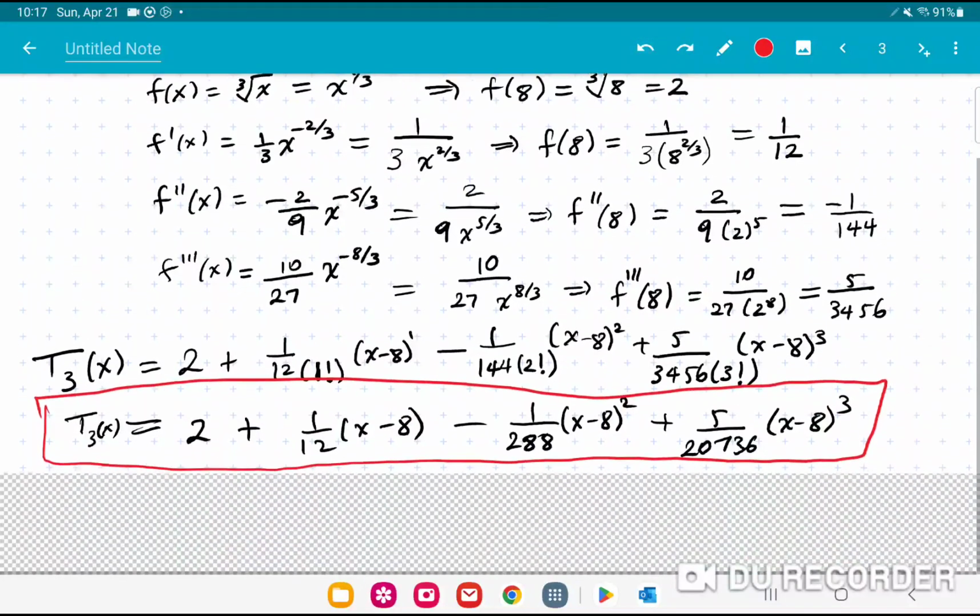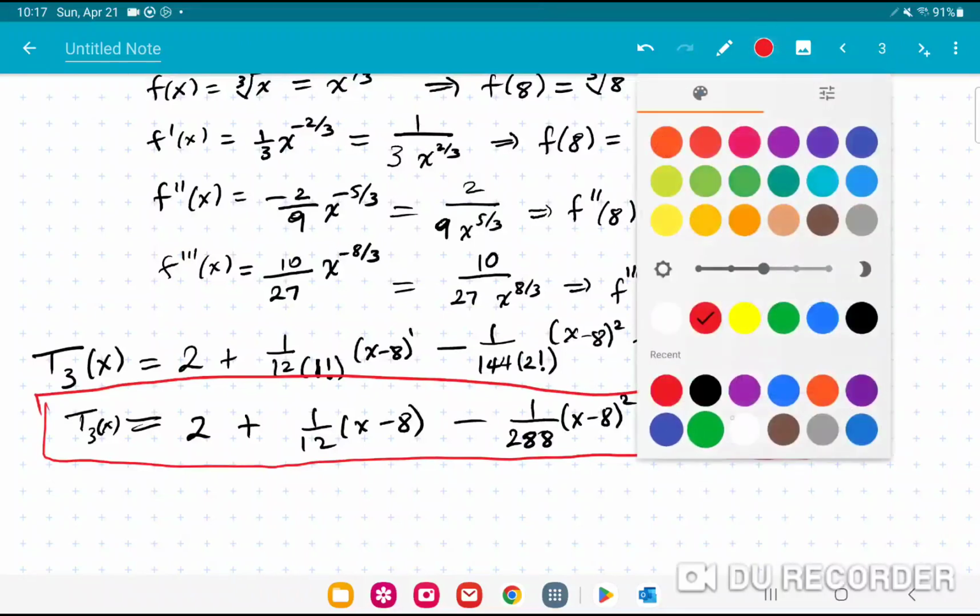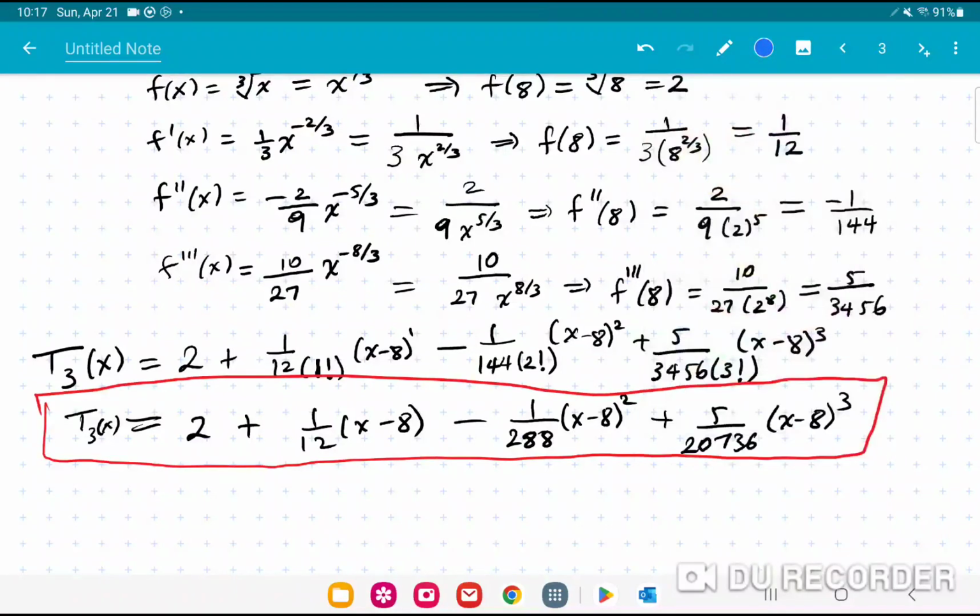Now, let's use this to approximate cube root of 9, which is essentially f of 9.